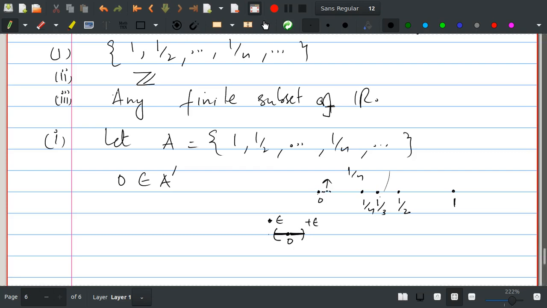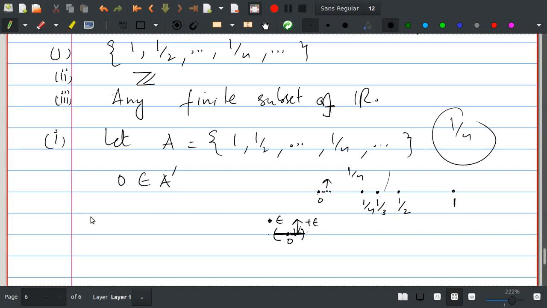Now if we look at this portion from 0 to 0 plus epsilon, there are infinitely many real numbers of the form 1 by n, no matter how small this epsilon is. So for any arbitrary positive epsilon, we will always be able to find infinitely many real numbers of this form.